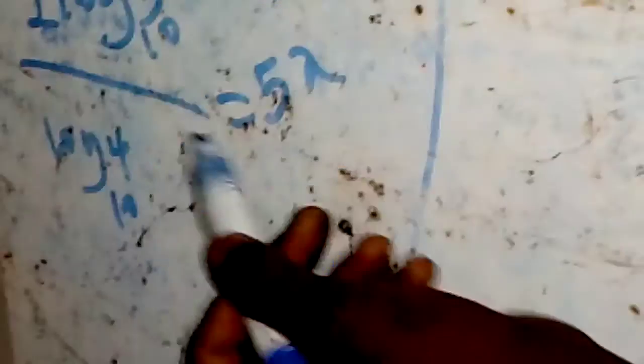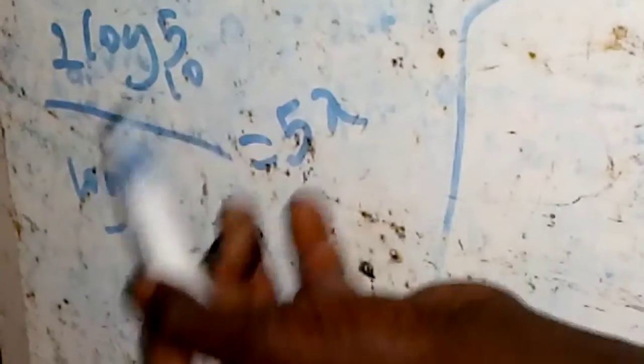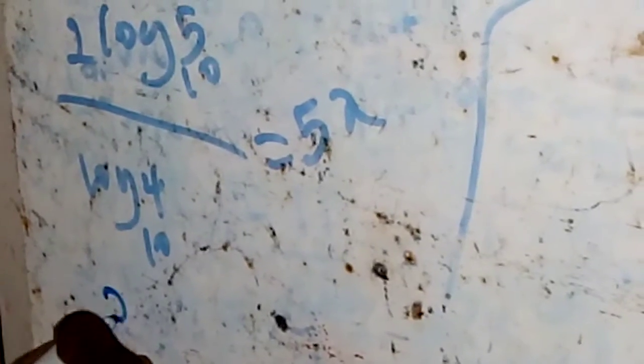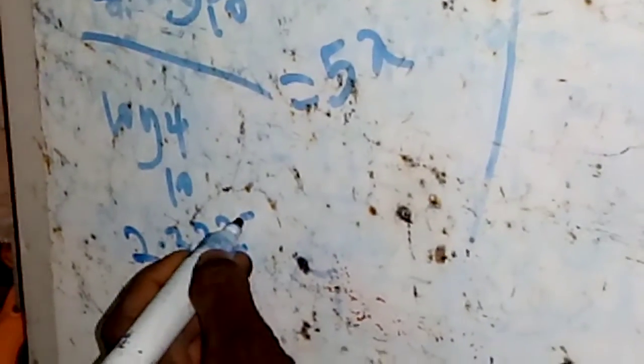Then we look for log 5. Just press it on your calculator and multiply by 2, get your result. Log 4 base 10, just press log 4 on your calculator, get your result. So when we divide both together, the result is 2.3222. So equals to 5x.